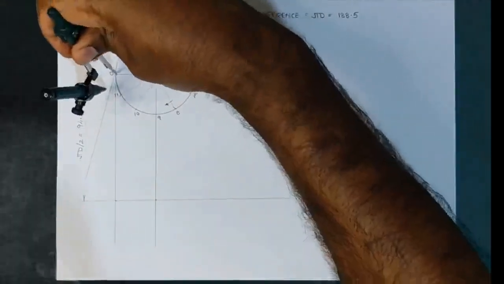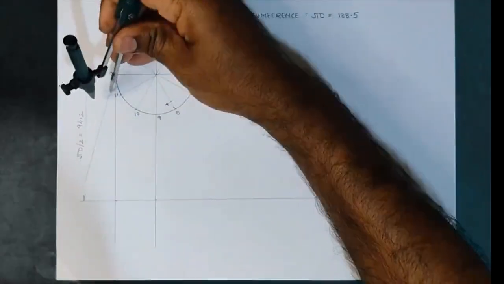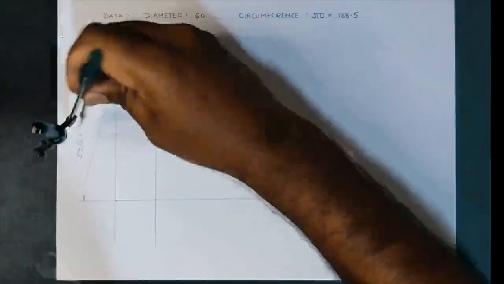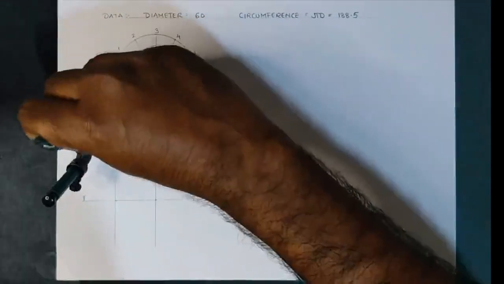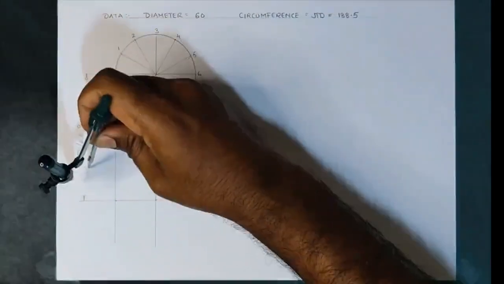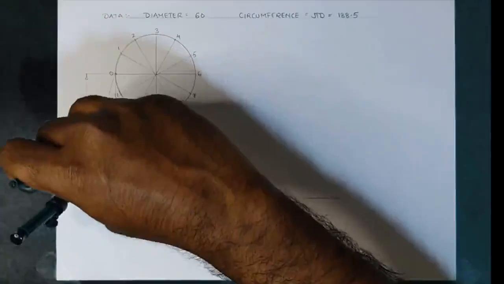So I take an acute angle construction and take 6 divisions on the acute angle line, the line which is making an acute angle with the line to be divided.